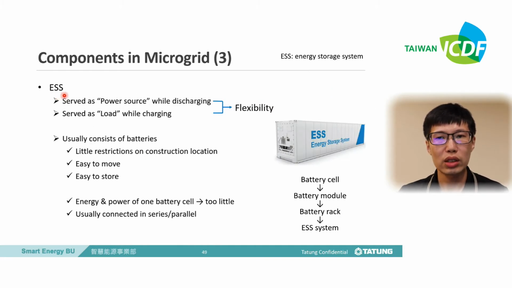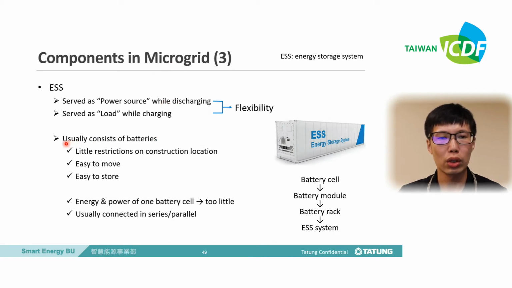And the ESS, energy storage system, can serve as a power source while it is discharging, and serve as load while it is charging. So its function is very flexible to the microgrid.